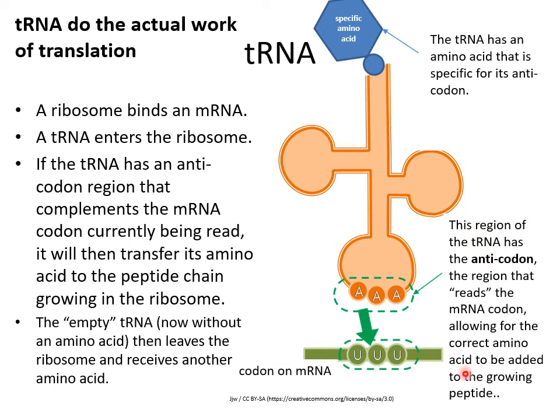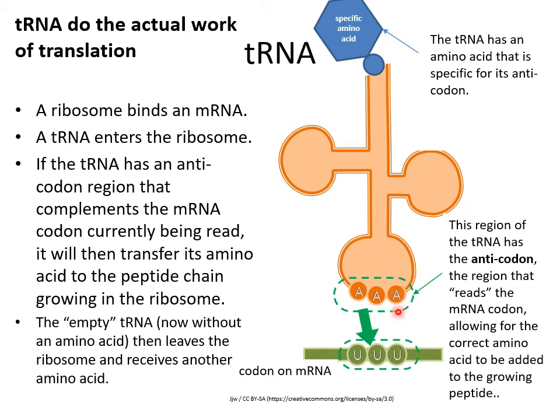So let's look at this in closer detail. In the ribosome, the tRNA has a specific amino acid associated with it. This amino acid matches the proper anticodon over here.